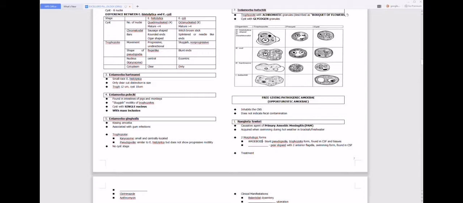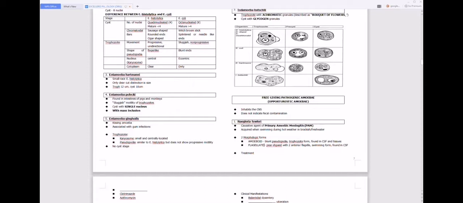Next is the pear-shaped with two anterior flagella, and it is the swimming form found in CSF. So, flagella, flagellate form. So as you can see, ito yung swimming form. So ito yung nakikita mo doon sa mga brackish or freshwater, yung flagellate form.